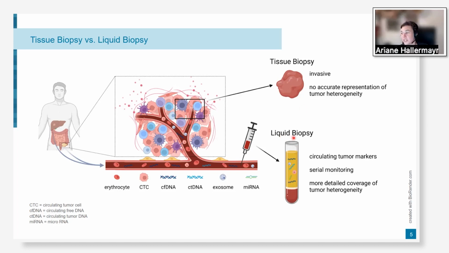Liquid biopsies enable the analysis of circulating tumor markers. They might enable serial monitoring, as simple blood withdrawals are required rather than invasive biopsies. And they might represent the entire tumor heterogeneity in a more detailed way, as circulating tumor markers are shed from all tumor sites, so also metastases and not only the primary tumor.